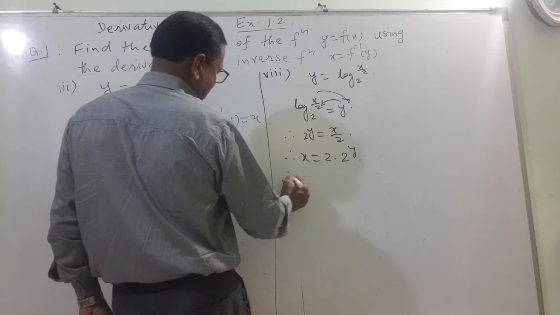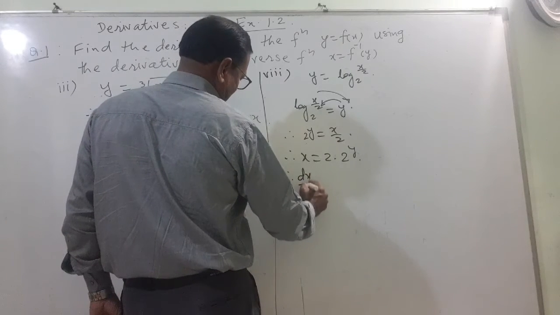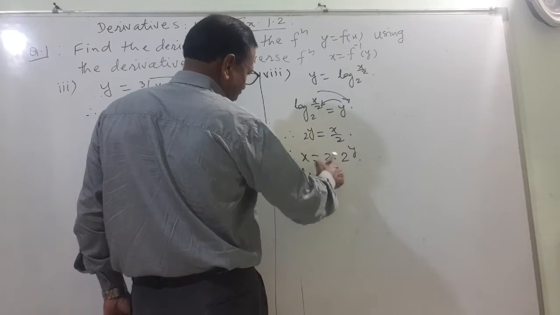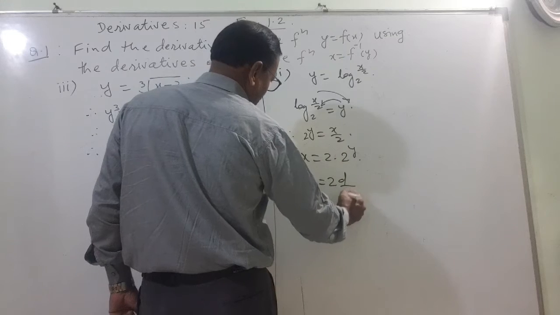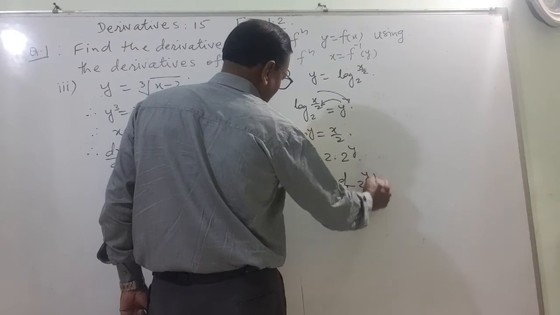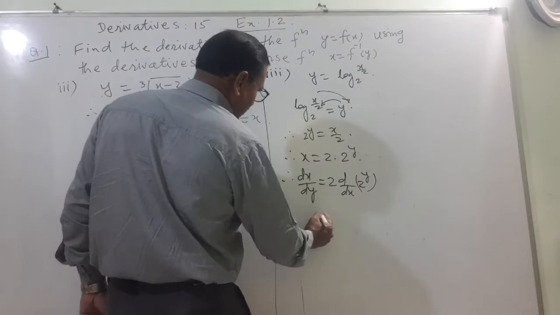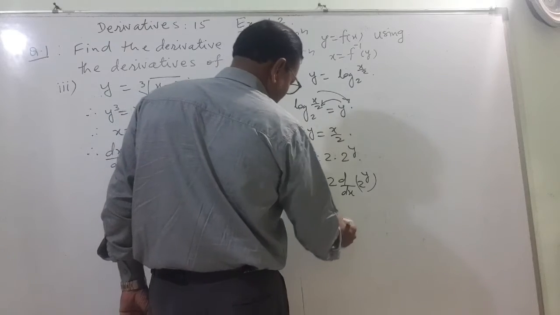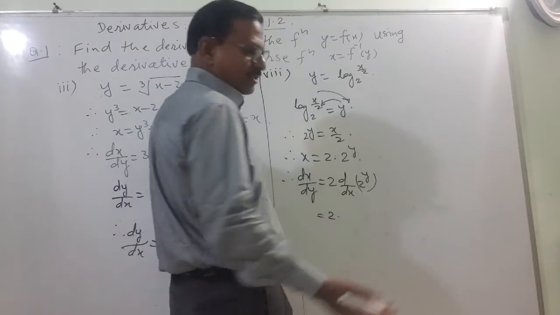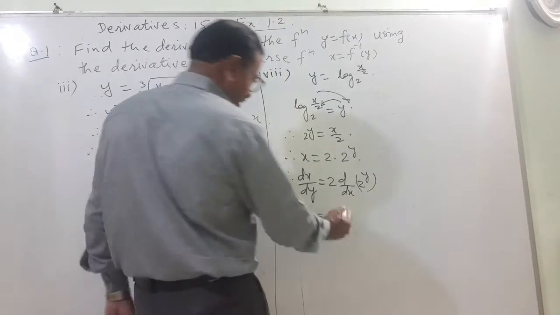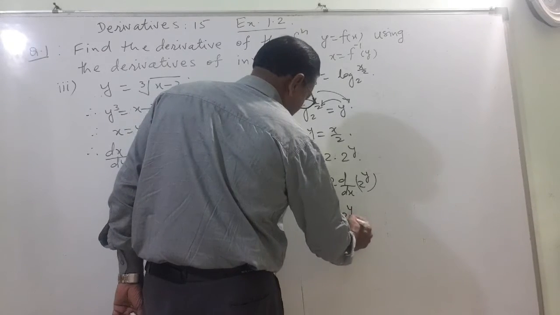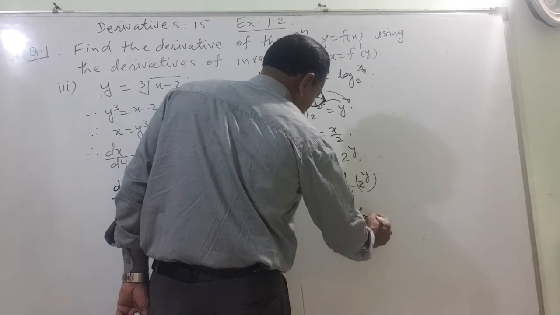Now dx by dy. Therefore dx by dy is equal to 2 is the coefficient, so 2 into d by dx of 2 raised to y. So that is equal to 2 into, d by dx of a raised to x is a raised to x into log of a. So a raised to x means 2 raised to y into log of 2.